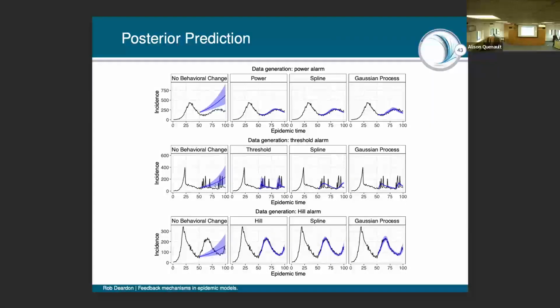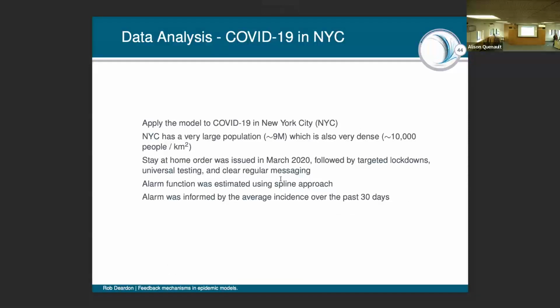The threshold alarm, well, the splines and the Gaussian process struggle a little bit, but they are still picking up that signal to some extent, just smooth. The true alarm does well, but this is not a realistic looking epidemic anyway. So generally, it looks really nice, I think.